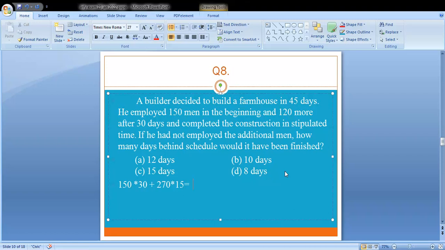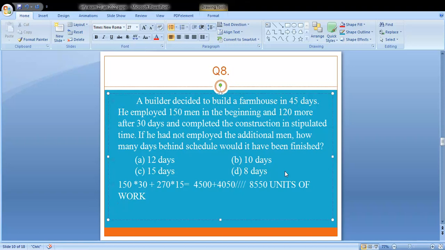So 150 into 30 is 4500, and 270 into 15 is 4050. So the total is 8550 units of work.